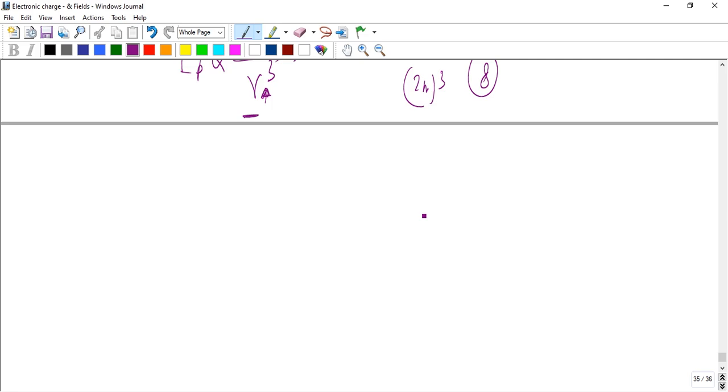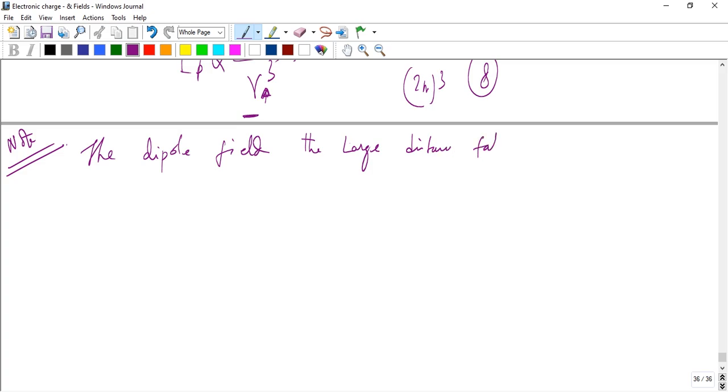So the important note: the dipole field at large distance falls off not as 1 over r square but as 1 over r cube.